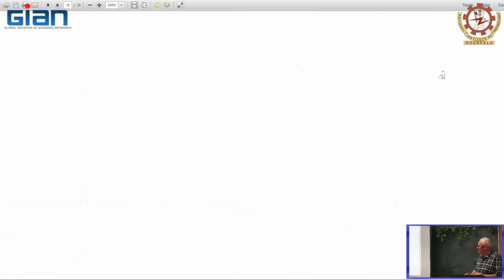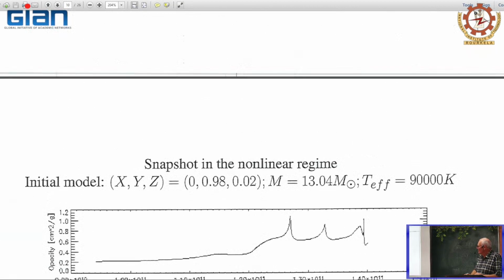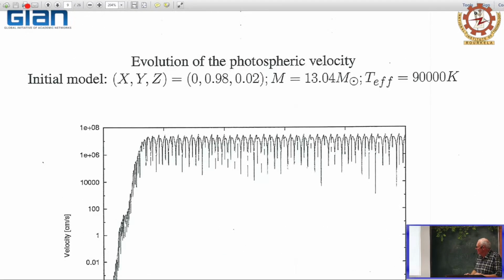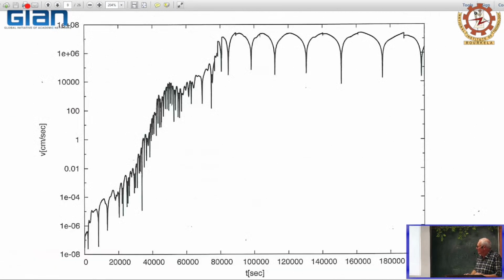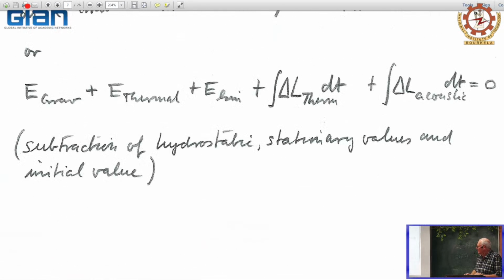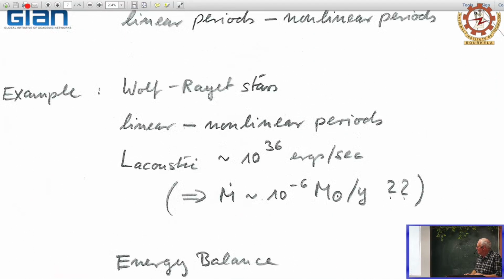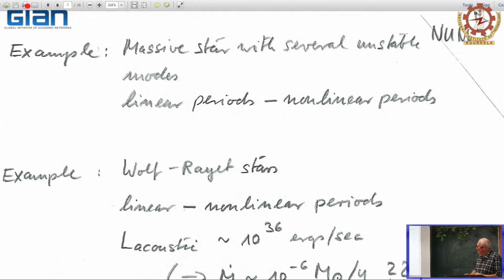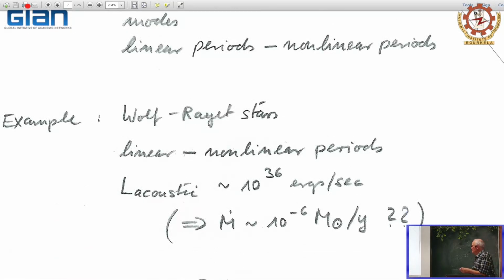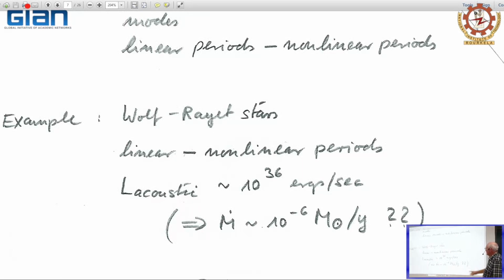Okay, well, now let's come back to the energy of the star. We have already talked about the fact that linear periods and nonlinear periods may differ, and for the Wolf-Rayet star we also have a significantly bigger nonlinear period than the linear period.